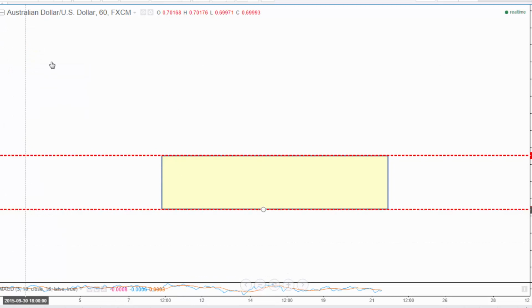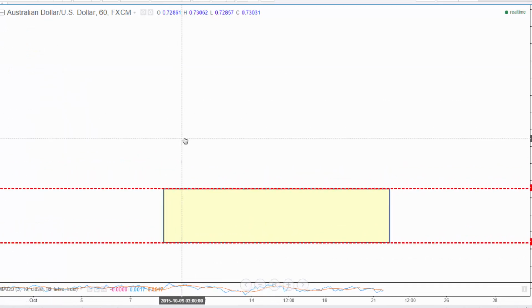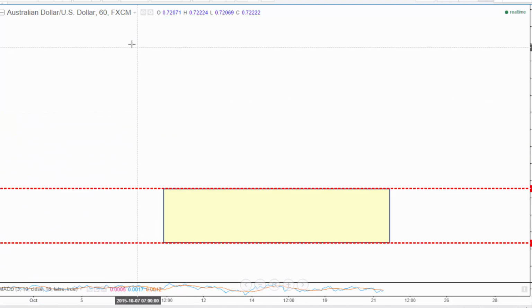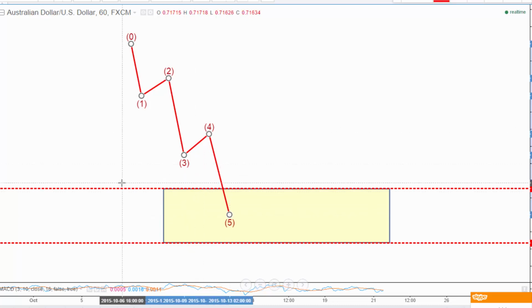So what I like to do is identify where in the trend we are. A couple of ways to look at it. Let's take this Elliott wave. The market's doing its wave, doing its wave, doing its wave, and then pushes down into the zone.